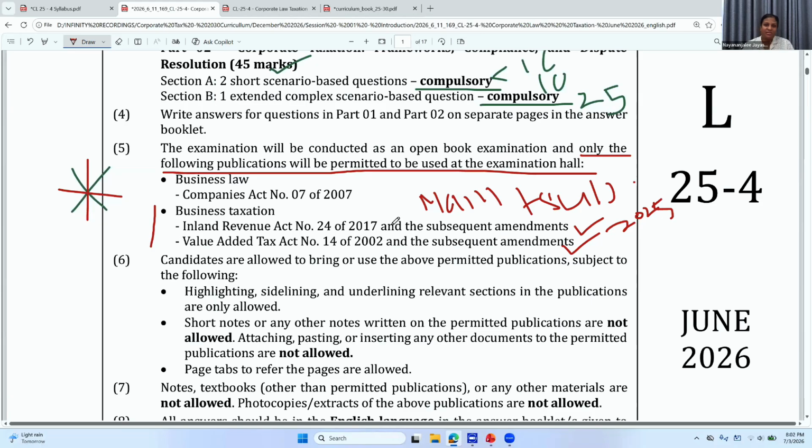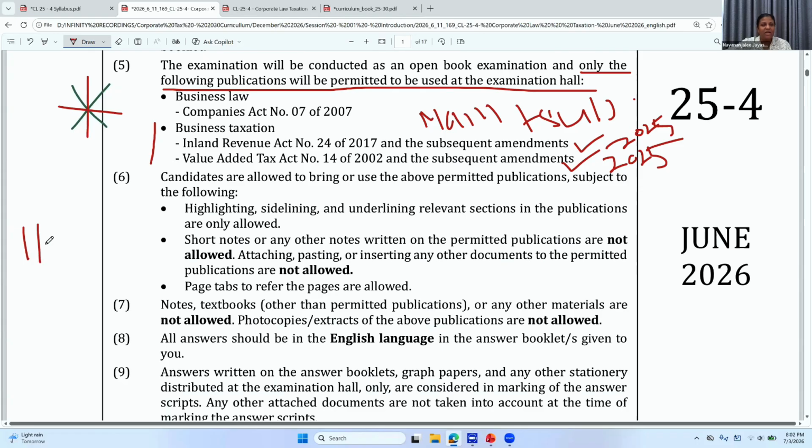Now, very clearly, the Inland Revenue Act main enactment and the subsequent amendments, as well as the Value Added Tax Act and its subsequent amendments, up to the 2025 amendment, you can buy from the government publications. After that, how are you going to use these?